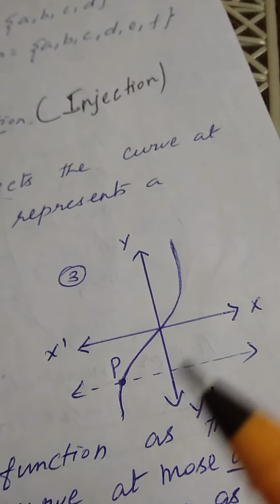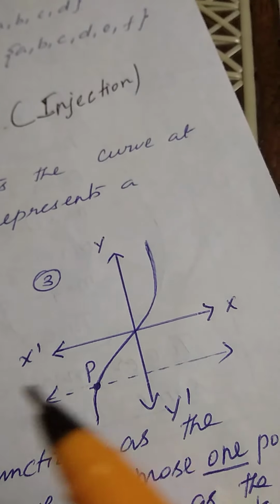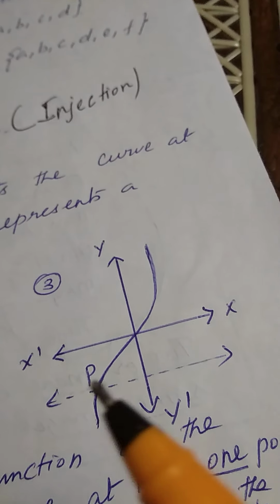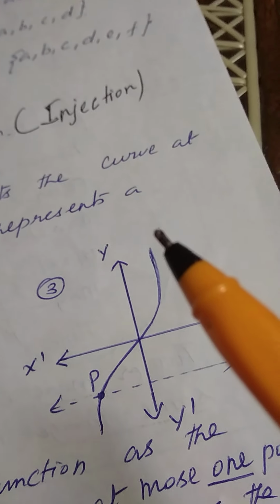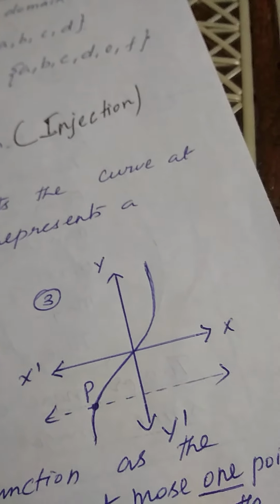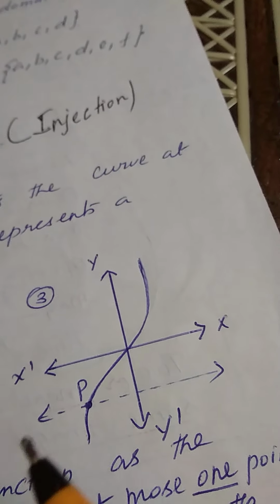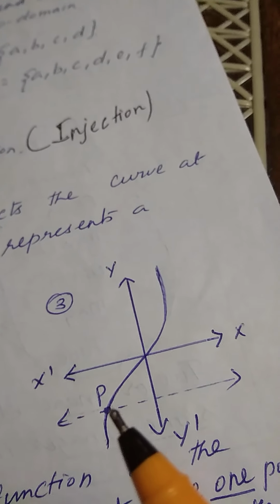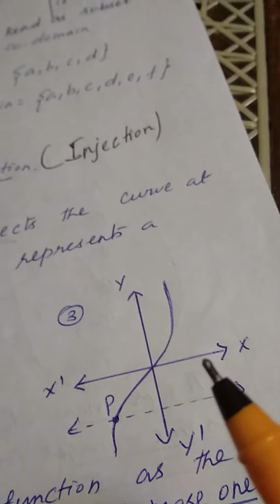Come to the third one. Here x-axis, y-axis are given, and this curve is given. Draw the dotted line; you can draw it here or here, anywhere. I have drawn the dotted line which touches the curve at only one point. Therefore, this represents a one-to-one function.